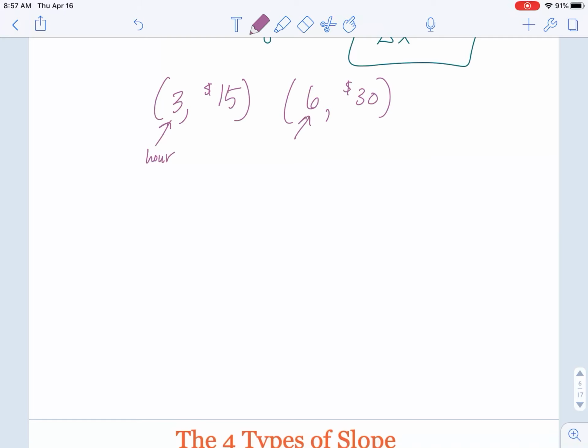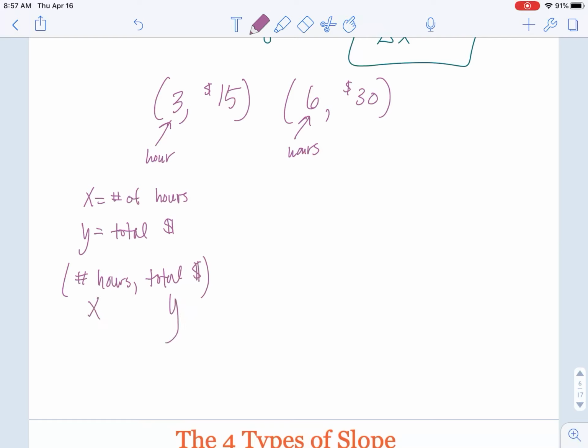If you work 6 hours, you get $30. I know x is the number of hours. This is what we've been doing the whole time. This is what you're familiar with. I know y equals my total money. So I know a point tells me my number of hours per my total money.